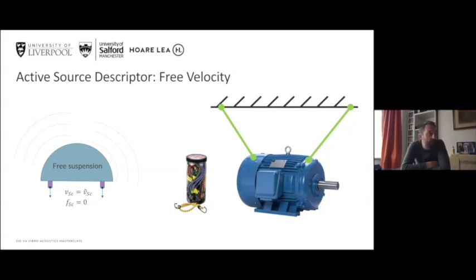For certain examples like the pump we saw, where all the mechanisms are self-contained and it's sort of self-loading, you can hang it up on bungees and get the free velocity. But there are many cases where it's not actually feasible at all to measure the free velocity. Same is the case for some very big and heavyweight machinery.